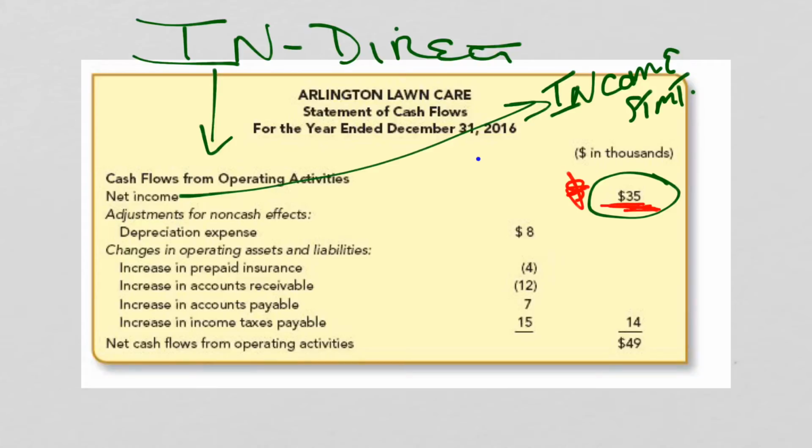We know that the income statement on an accrual basis said $35. How do you go from this to cash basis? How do you reconcile it? And that's what we're going to see.